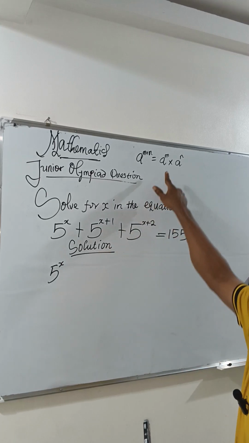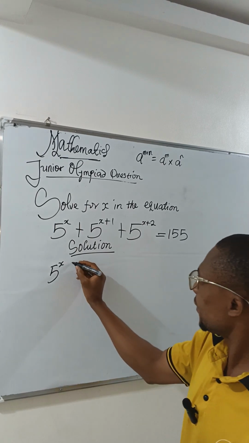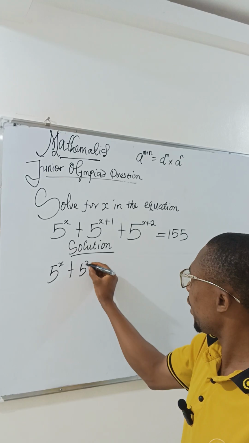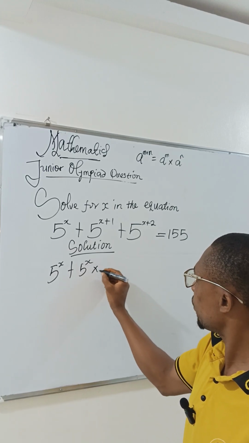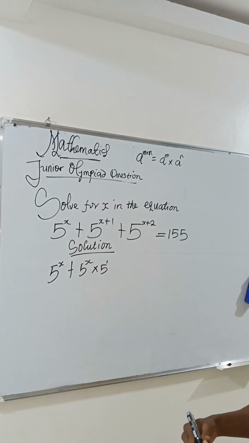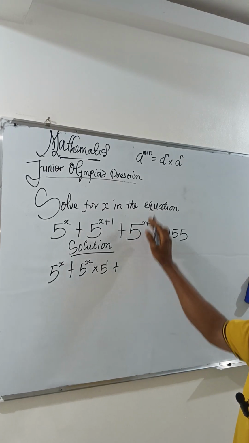So I can say that 5 to the power of x plus 1 is 5 to the power of x times 5 to the power of 1.